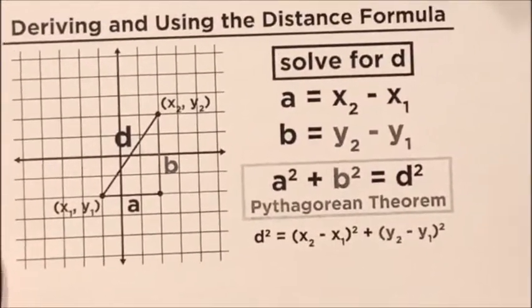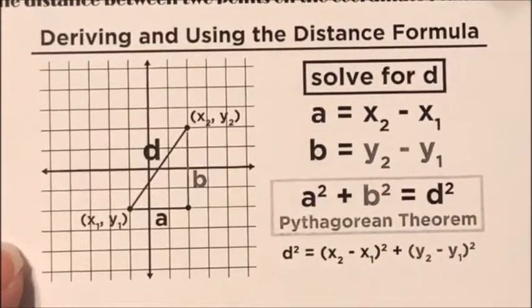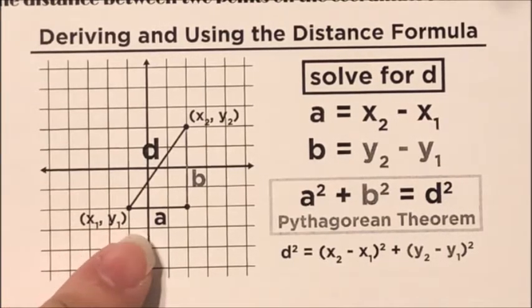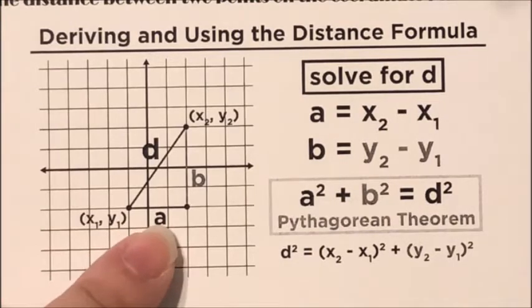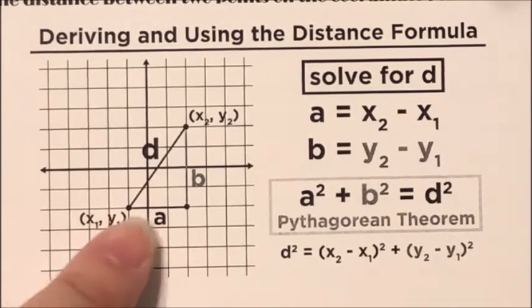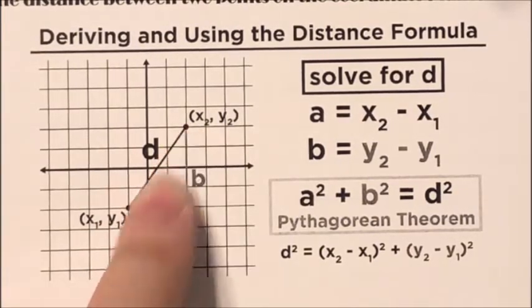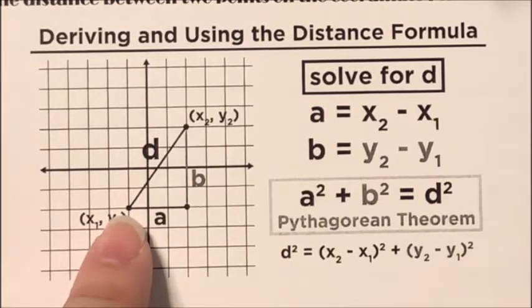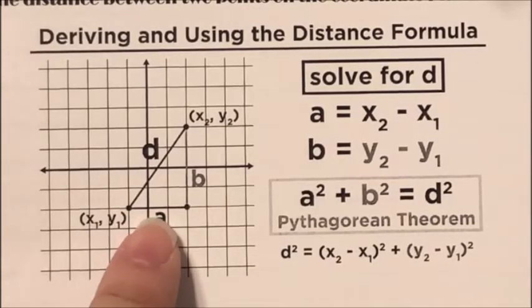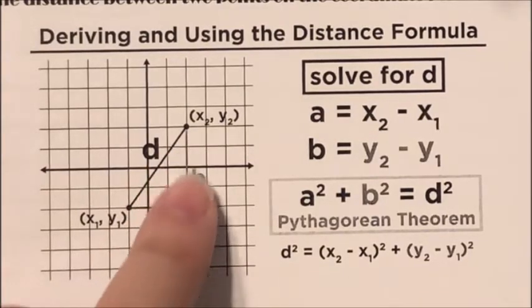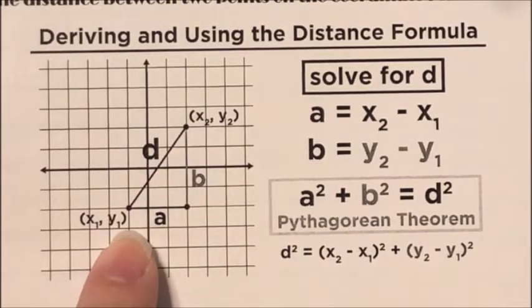Okay, so if we're deriving and using the distance formula. Deriving just means that we're figuring out what the distance formula actually is. So I can solve for D, right? A is my run, and that's my x values, so I take x2 and subtract x1, and that gives me the distance for A. I can do the same thing for B. B is my rise, which is what y stands for on my points.